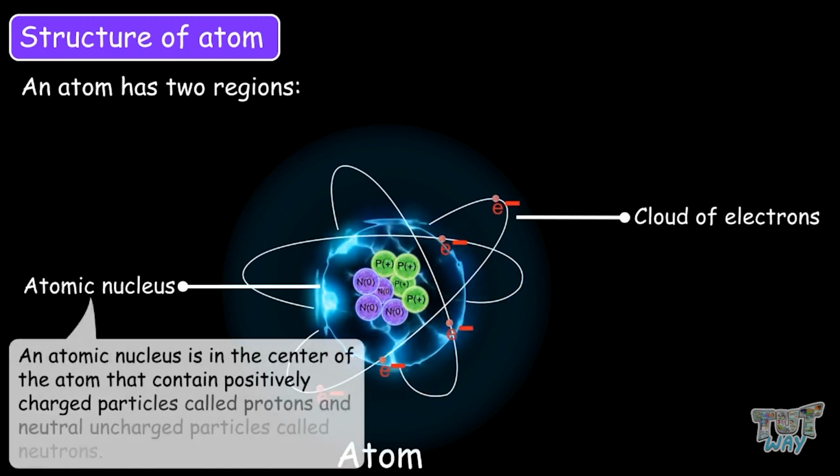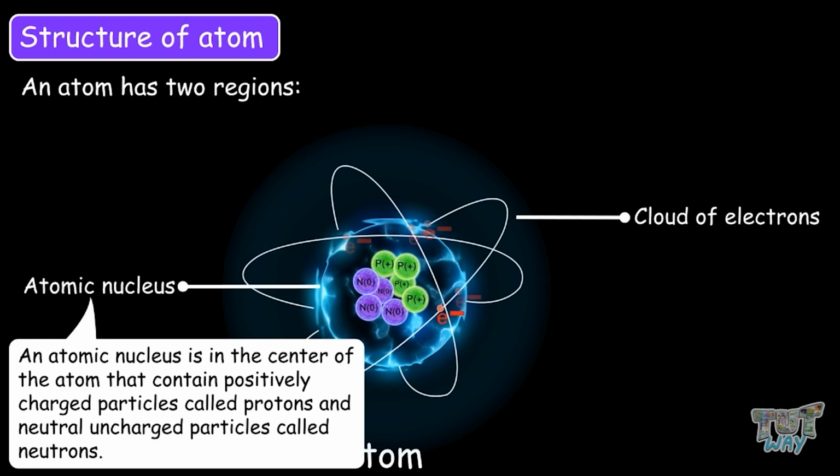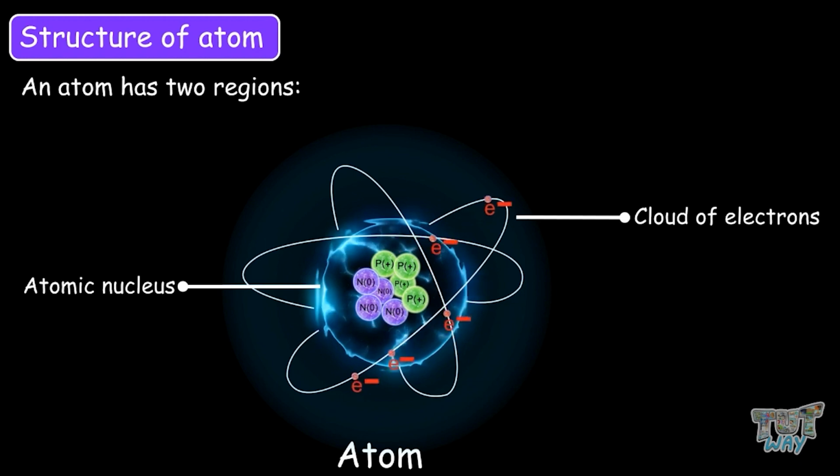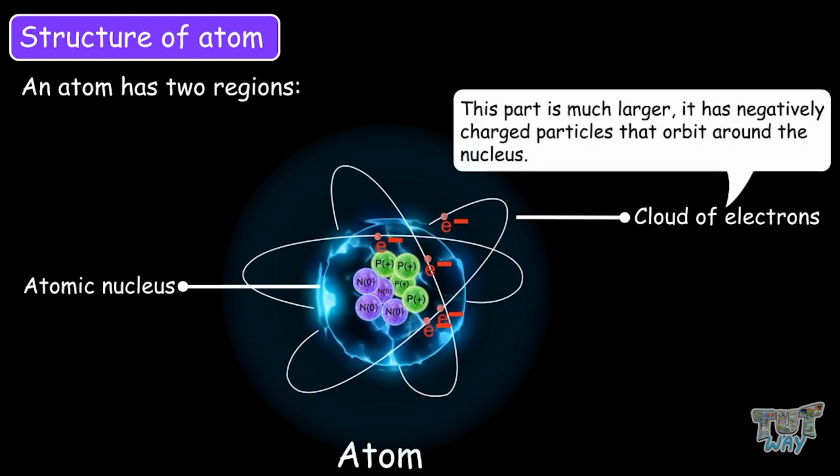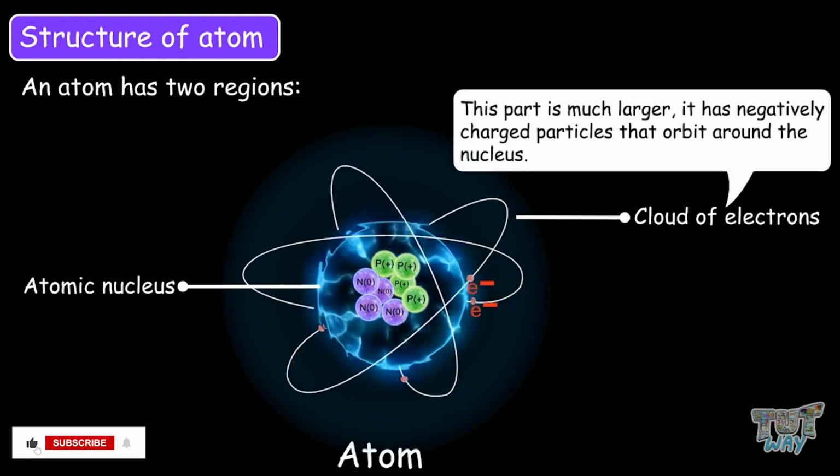An atomic nucleus is the center of the atom and contains positively charged particles called protons and neutral uncharged particles called neutrons. And the cloud of electrons. This part is much larger and contains negatively charged particles that orbit around the nucleus.